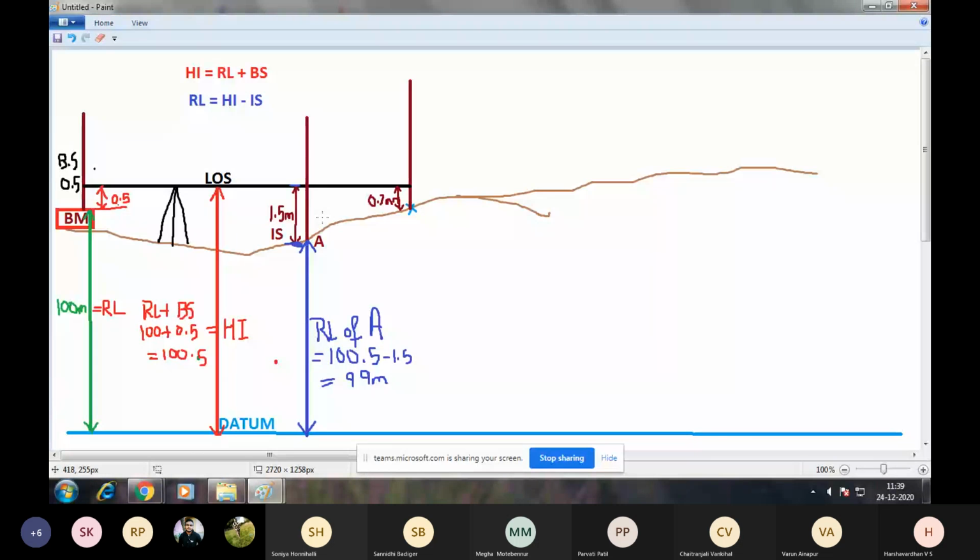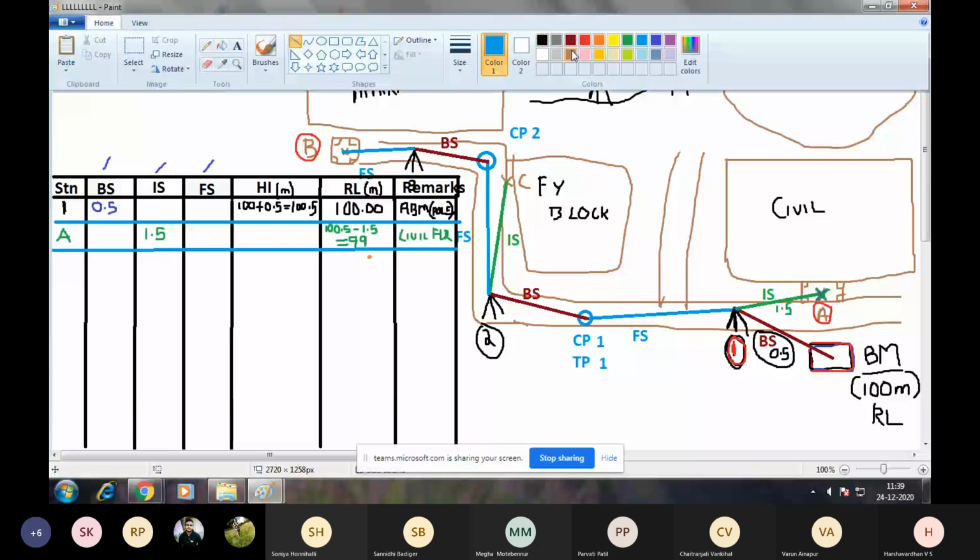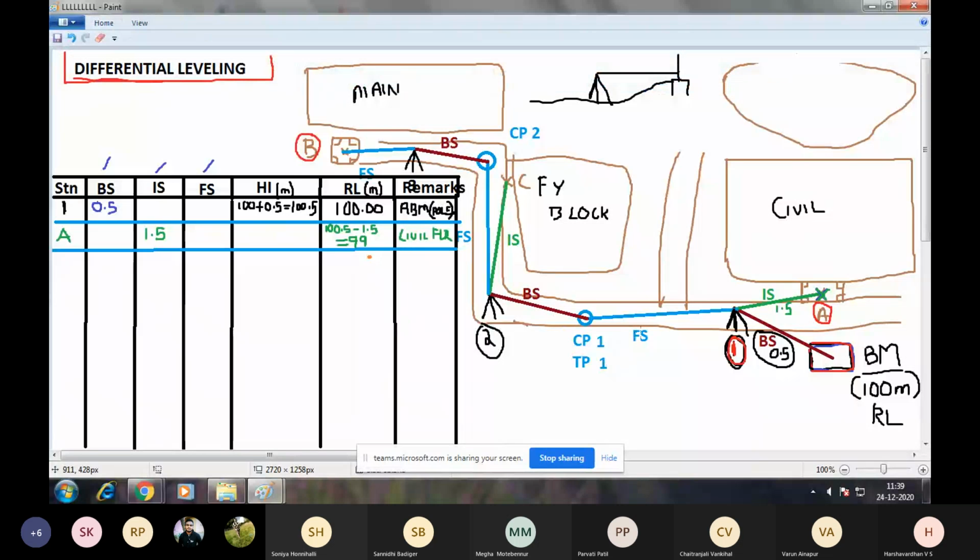Now this staff reading is taken on the change point. Do I know the elevation of the change point? I don't know the elevation of the change point. So this reading is either intermediate sight or foresight.